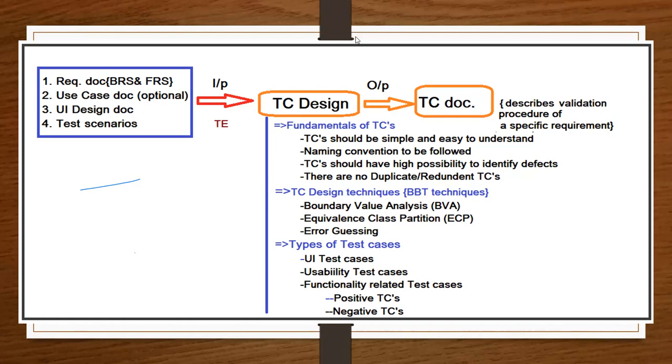Okay. As a tester, we have to think both ways. We have to derive the test cases. How are we going to write the test cases? Where are we going to write? There are two ways we can write the test cases. One is informal test cases.